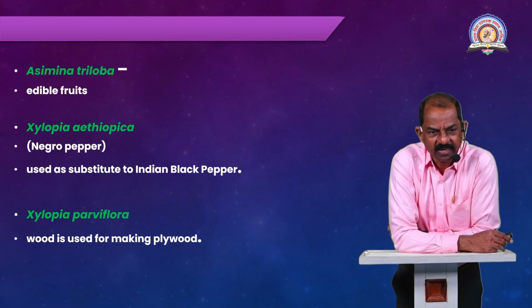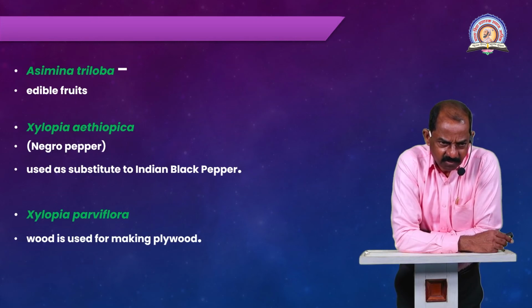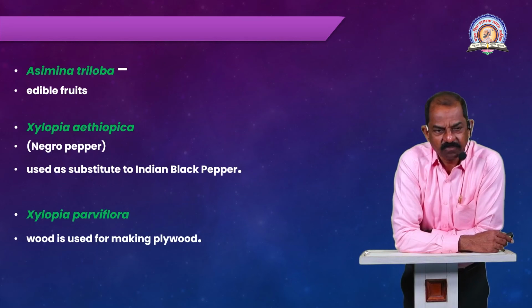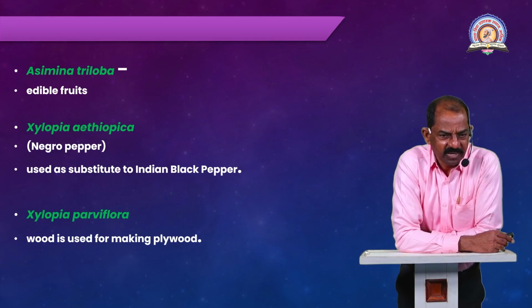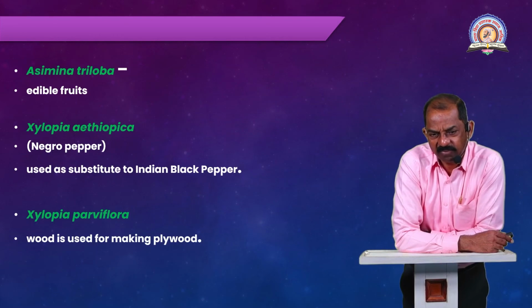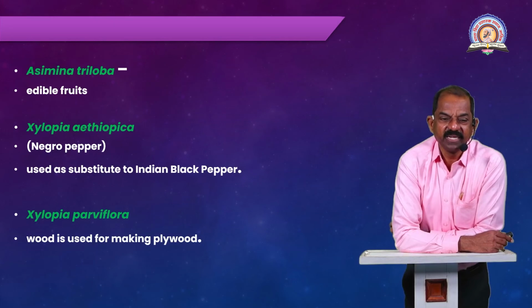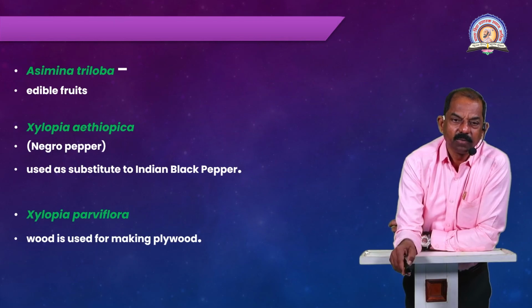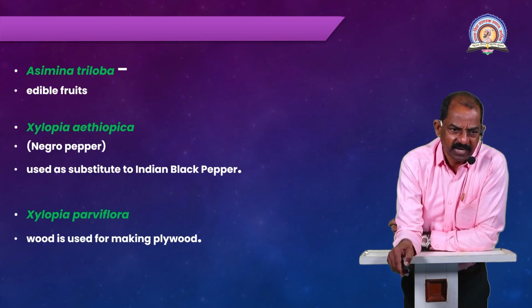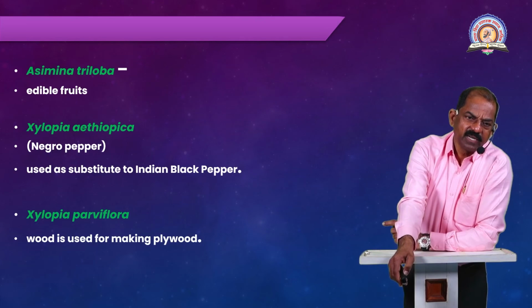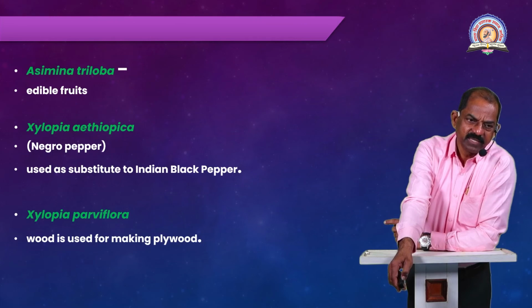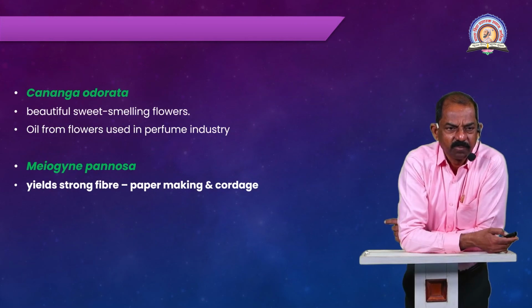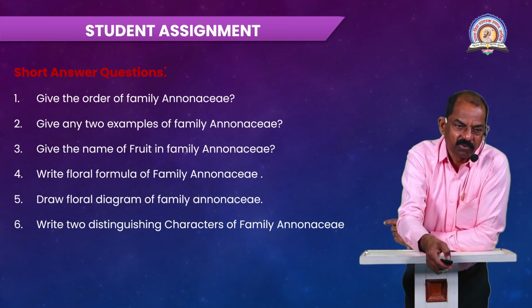Xylopia parviflora wood is used for making plywood. So friends, here we are considering various examples showing the economic importance of plants of the family Anonaceae.